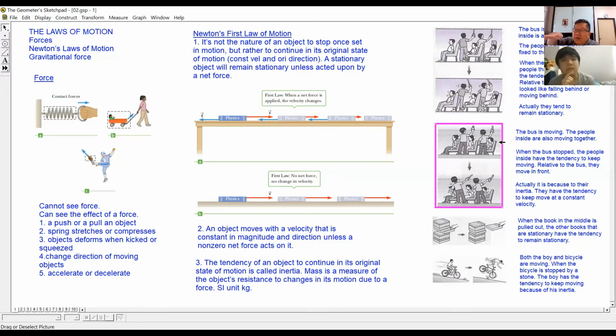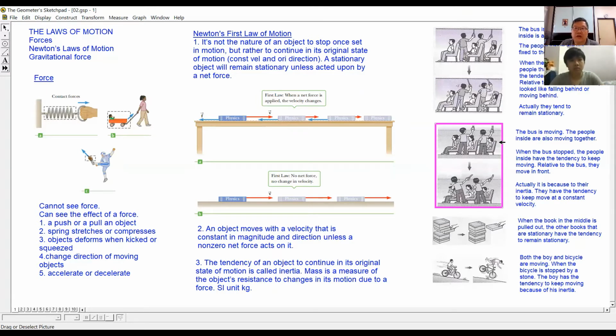When the bus stops, there is nothing telling the people inside the bus to stop. So these people inside the bus have inertia and they have the tendency to continue to move in a straight line. That's why when the bus brakes, these people move in front. Why do they move in front? Because they have inertia. They have the tendency to continue to move in front.